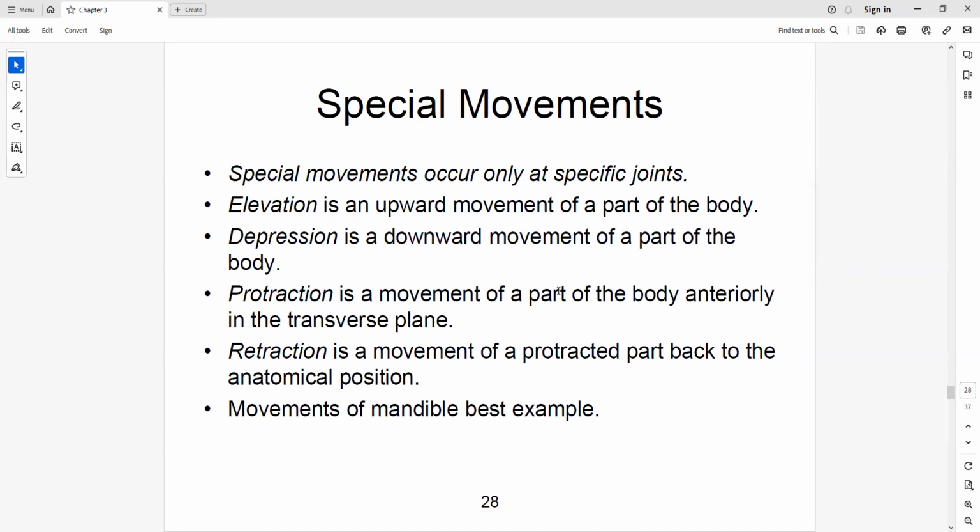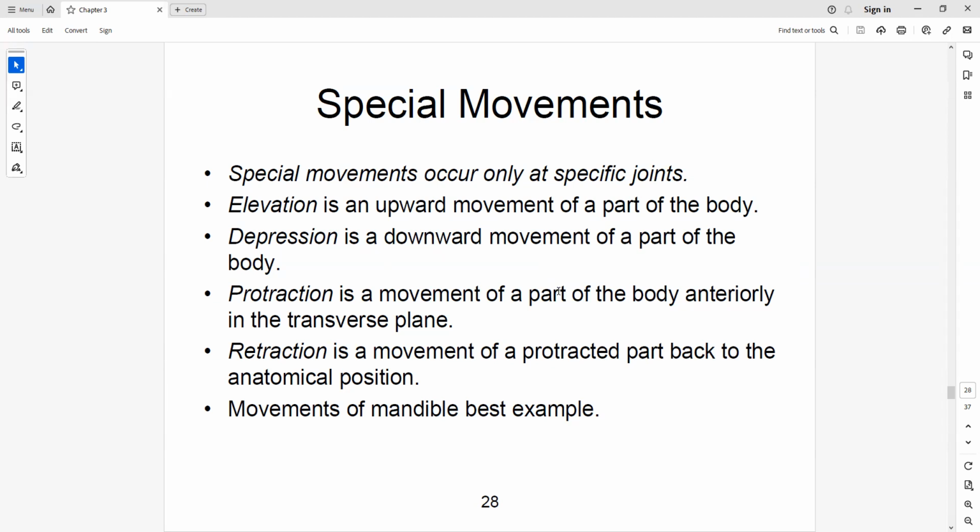We have a large number of special movements, elevation, depression, and protraction, retraction. Let's talk about the mandible in this regard.